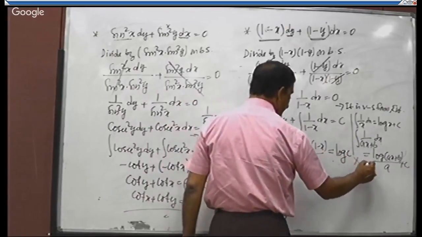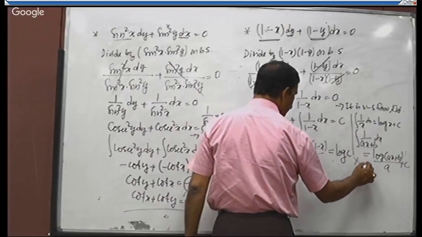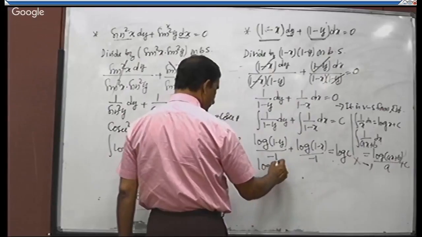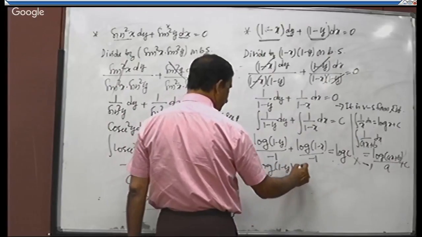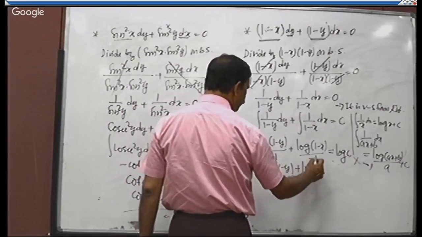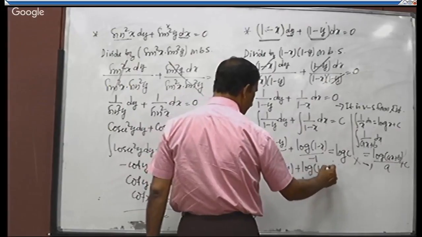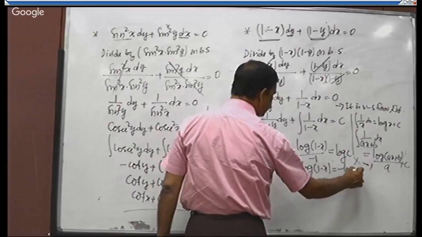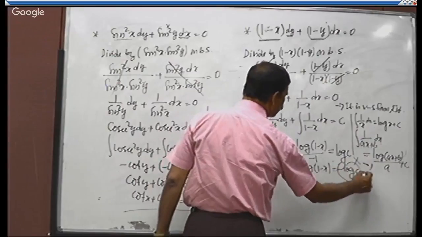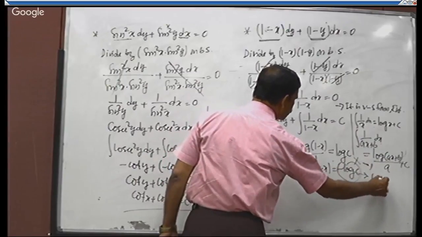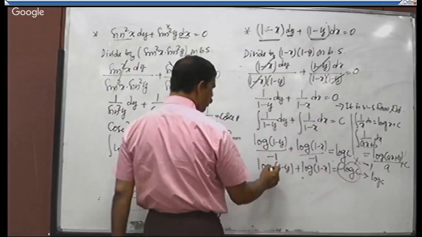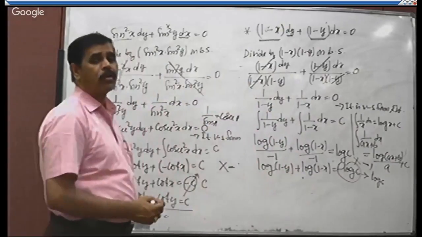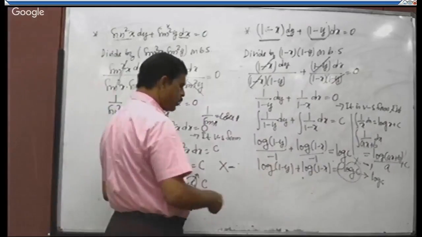Just multiply by minus 1. So it becomes what? Minus into minus, log of 1 minus y plus, minus 1 cancels, log of 1 minus x is equal to minus log c. That minus log c can also be taken as only log c, right? Log a plus log b is equal to log ab.